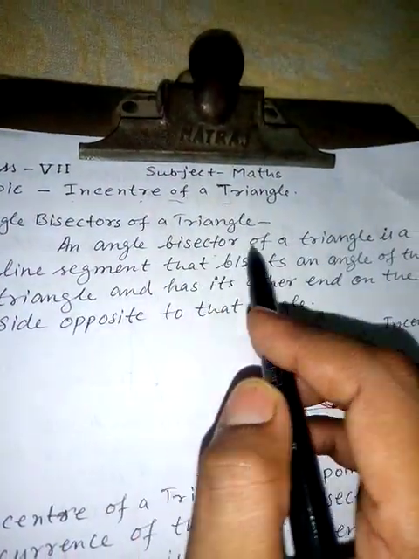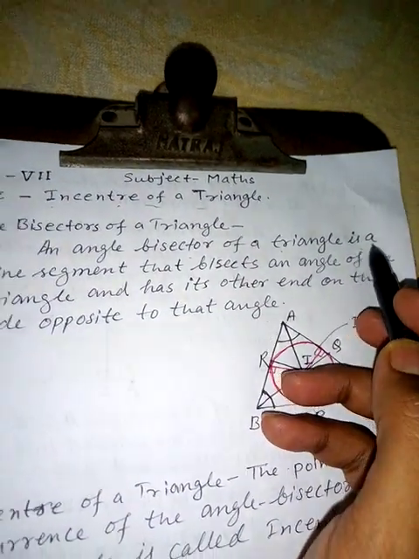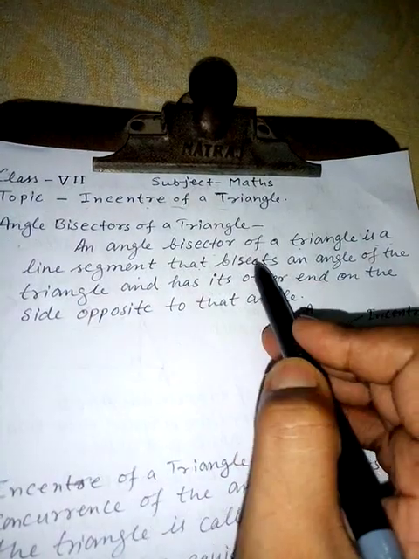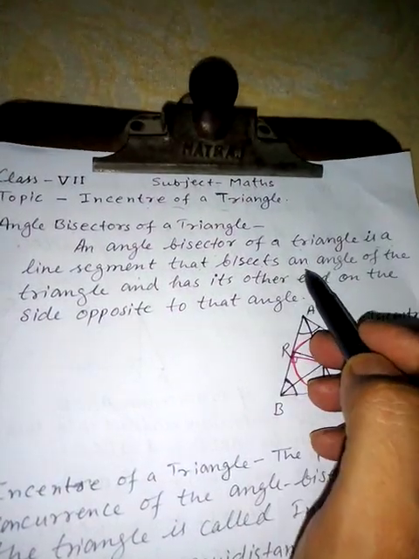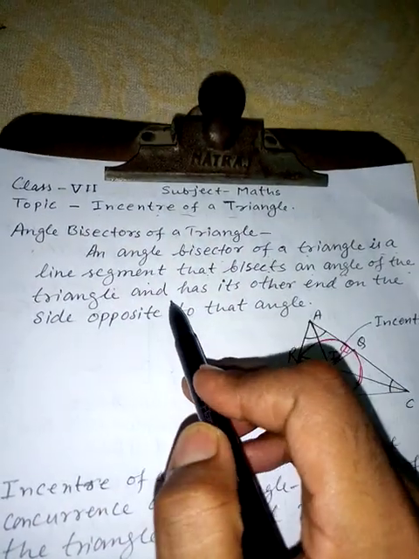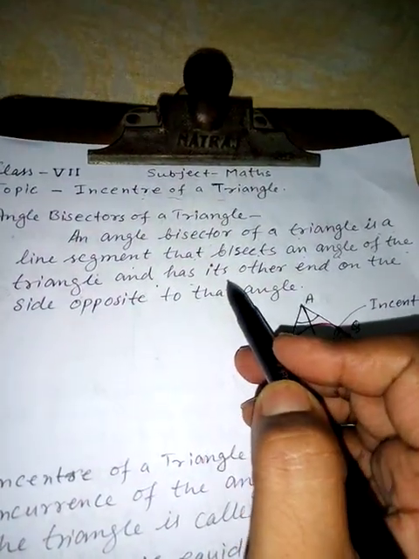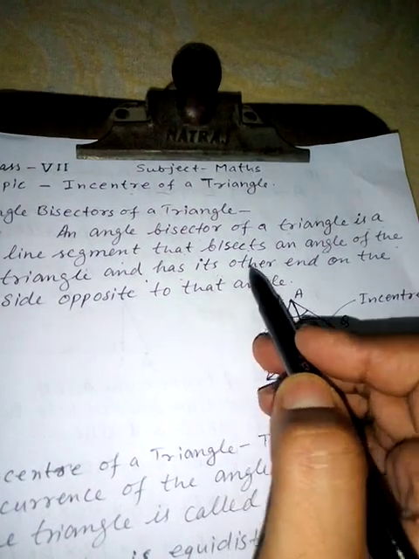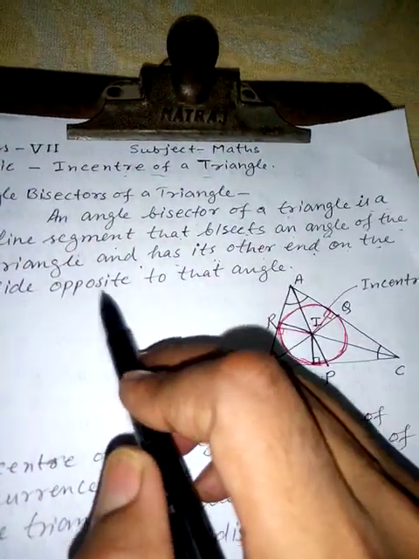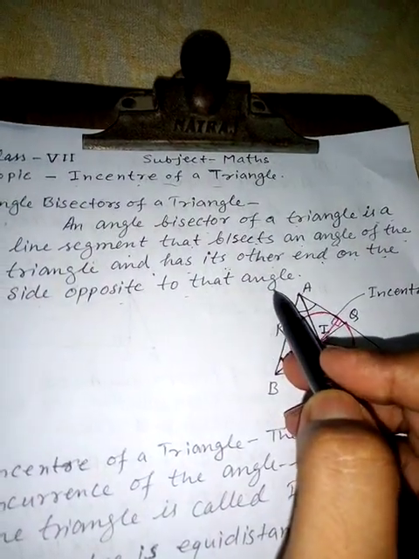An angle bisector of a triangle is a line segment that bisects an angle of the triangle and has its other end on the side opposite to the angle.